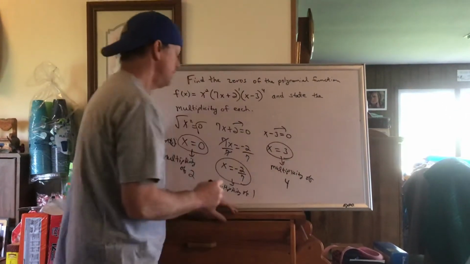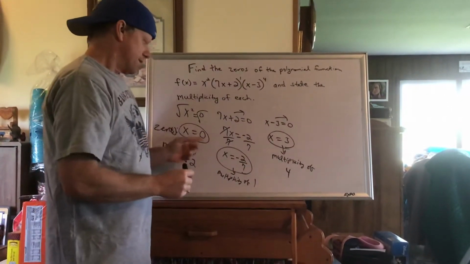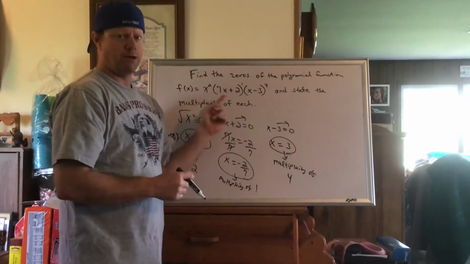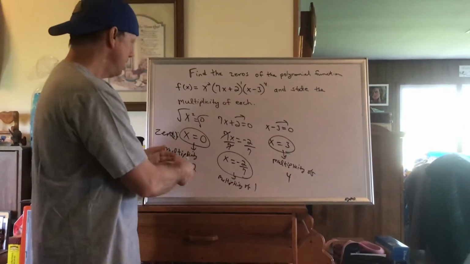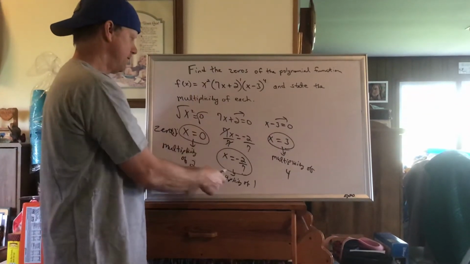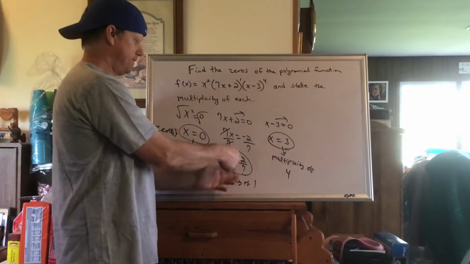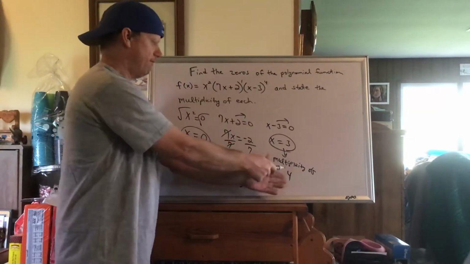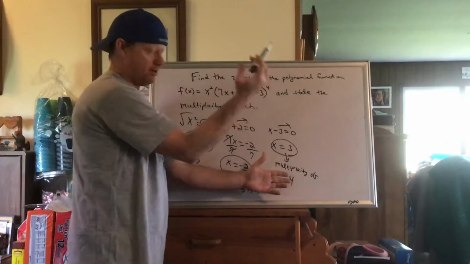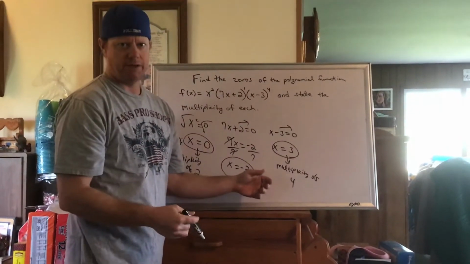So 0, negative 2 sevenths, and 3 are the zeros of this polynomial function, and 2 is the multiplicity of the first answer, 1 is the multiplicity of the second, and 4 is the multiplicity of the third. You get your multiplicity answers by whatever the exponent is on that particular factor.